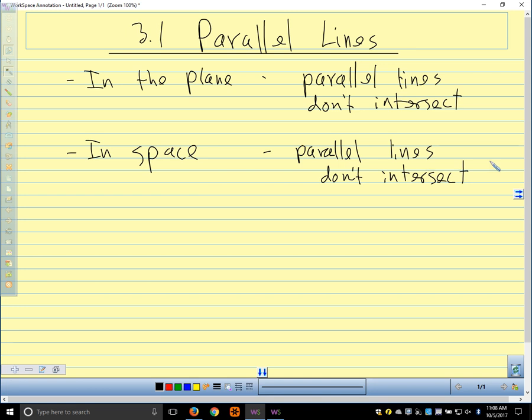But in space, we have another way that lines may not intersect. We can have what we call skew lines. Skew lines don't intersect and are not parallel.